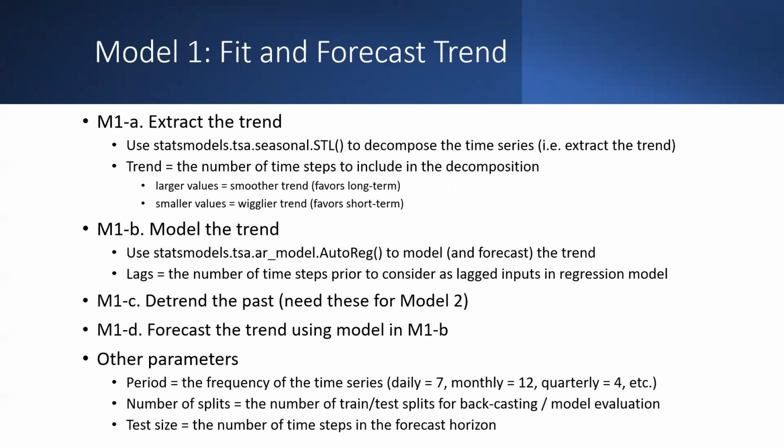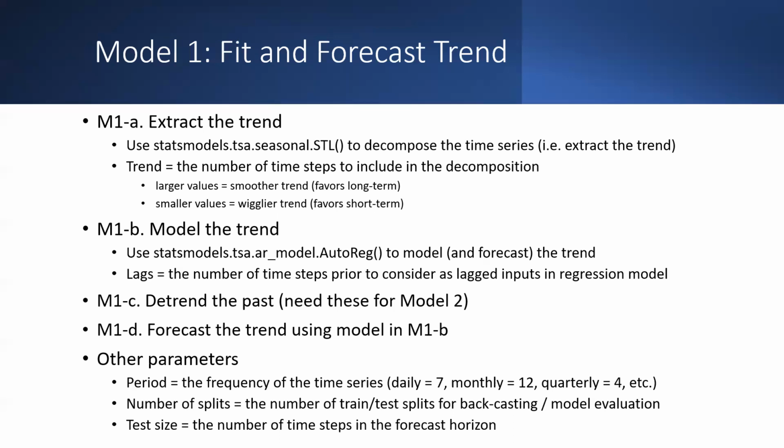And so this also would affect your forecast horizon. If you're making relatively short forecasts into the future, maybe you'd favor smaller values on this trend decomposition, as opposed to if you're making longer forecasts, you might favor a little bit larger values, but that's just another parameter you can play with.